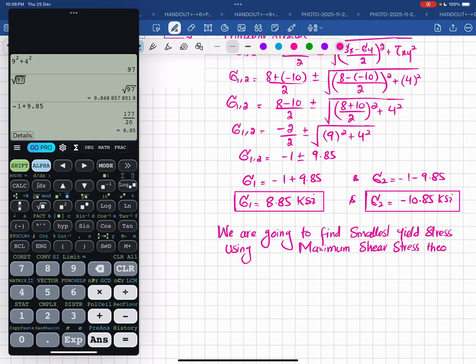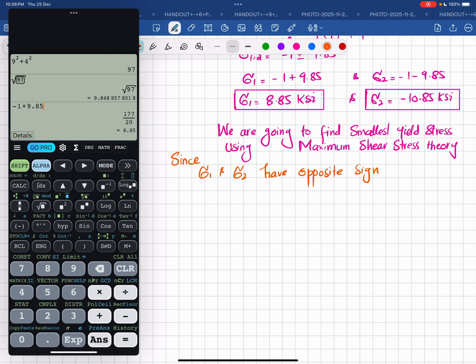Now you can see that, since sigma 1 and sigma 2 have opposite signs, we will draw them on a Mohr circle. Let this be the axis on which we take the shear stress, and this be the axis on which we take normal stress. Clear?